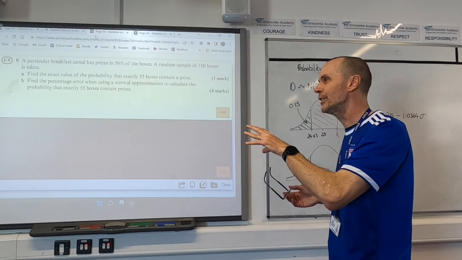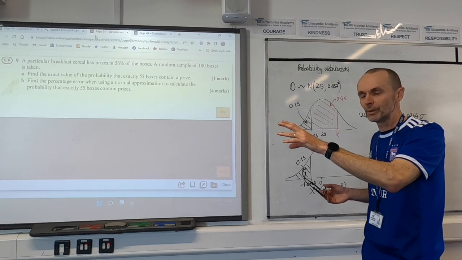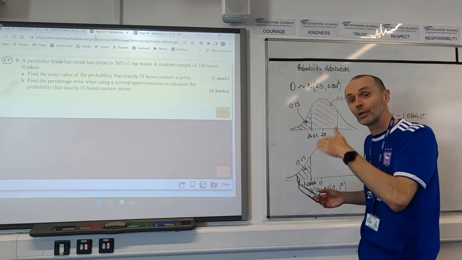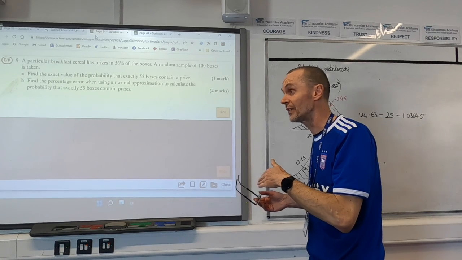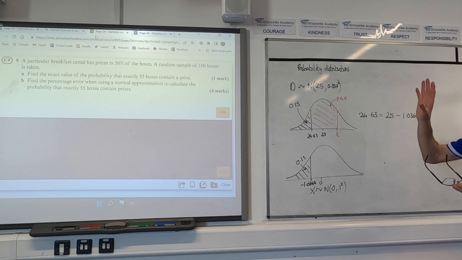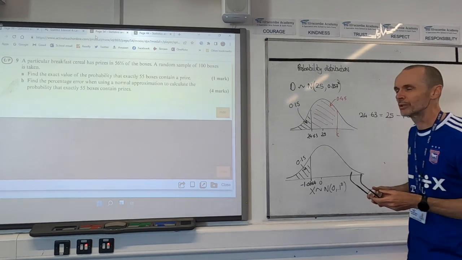And one thing you can do is use the normal to approximate an answer to a binomial problem. So that's going to be a question just like this. It then goes on and says normal distribution as well. So I think there'll be two normal distribution questions on there. One where it's mixed in with a binomial and one where it's on its own. Unless that's them describing one question. I don't know.